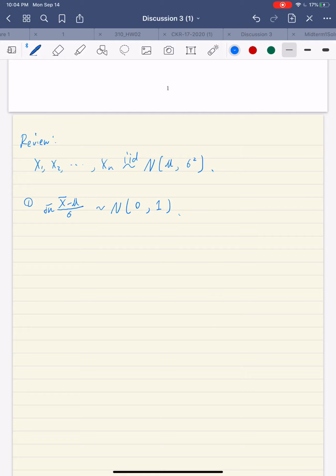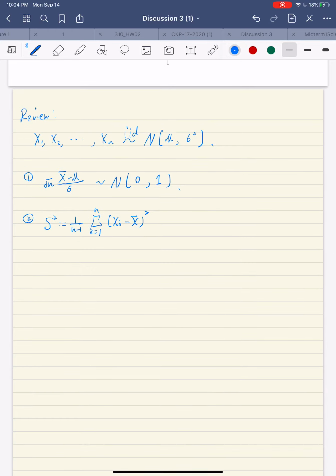And the second one is if we define S squared, the sample variance, as 1 over n minus 1, summation from i equal to 1 to n, of Si minus S bar to the power 2, then n minus 1 times S squared divided by sigma squared will follow the chi-square distribution with degrees of freedom n minus 1.